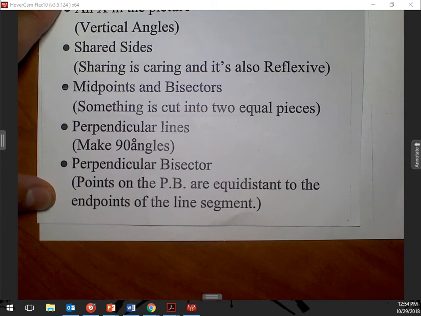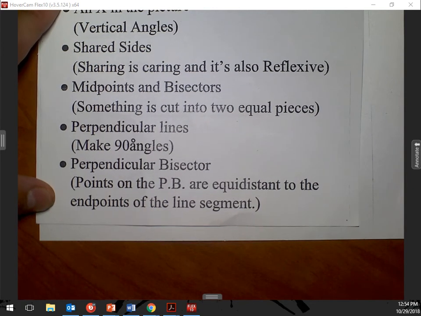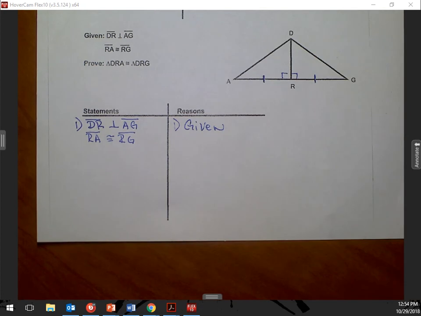I'm not denying it's a shared side, but you're going to have to tell me where. Reflexive, but you're going to have to tell me where. DR. DR is congruent to DR.